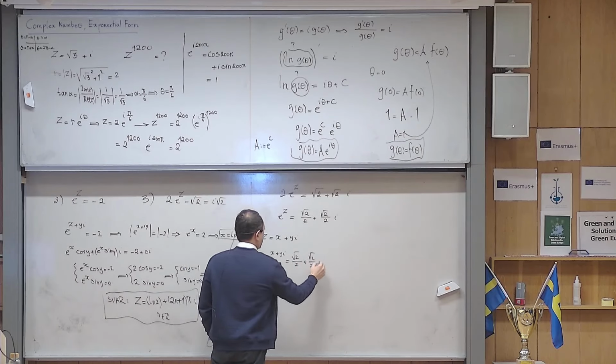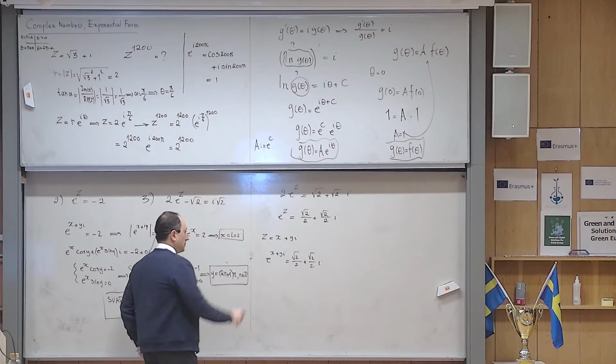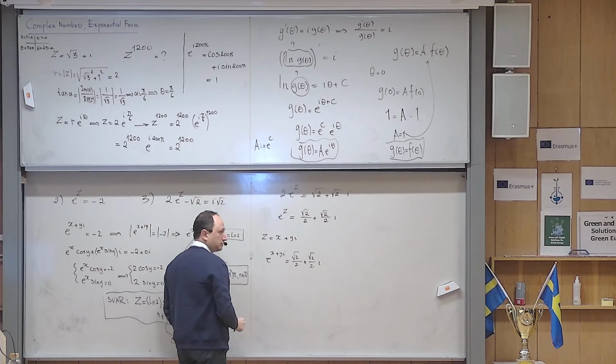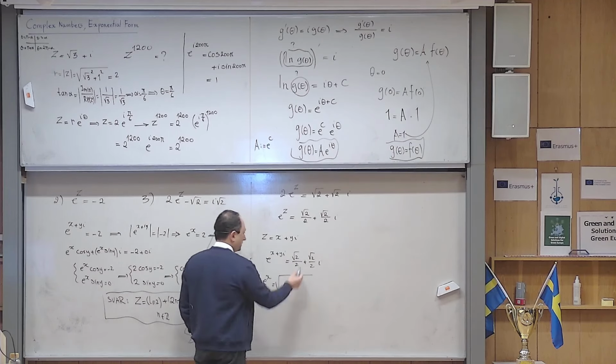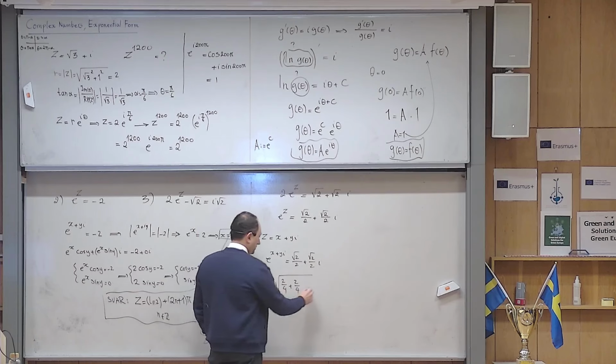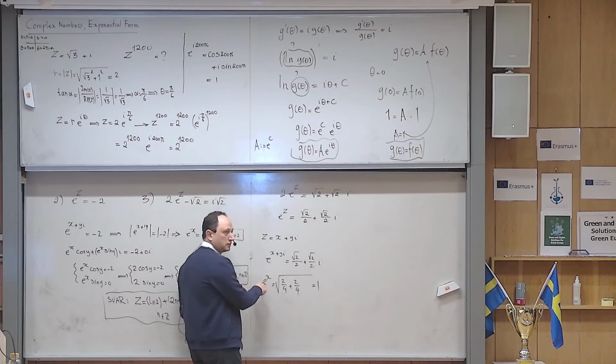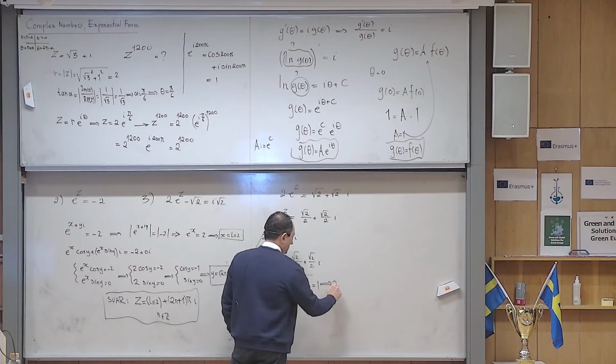Okay, so now let us follow this new method. I take the absolute value. What is the absolute value of this? It's just simply this. But what is the absolute value of this? We calculate this: 1 to the power 2, 2 over 4, 2 over 4, which is 1. So x is clear. What is x? It is 0.